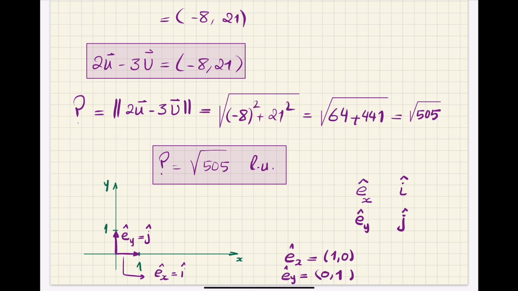And then if I have any vector here, for example, this vector, every vector can be decomposed as 2 vectors in terms of EX and EY.